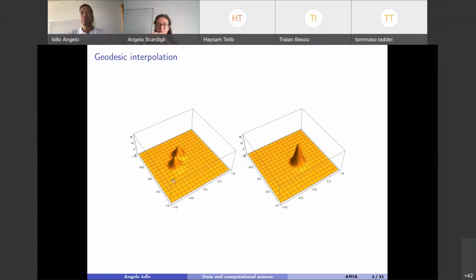Basically what I was telling you is that I have a rho zero here. It's a probability density function, which is represented by these two hills. And then I would like to map this rho zero to the rho one on the right, which is a hill which is higher, and of course these are PDFs, so the integrals are one on the left and on the right.